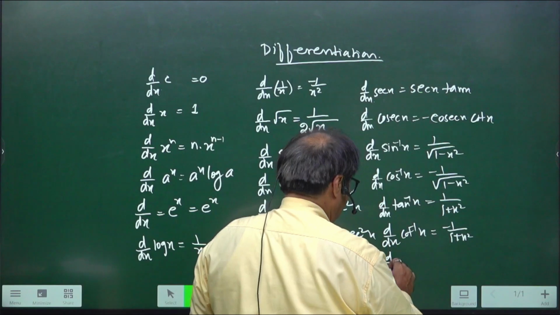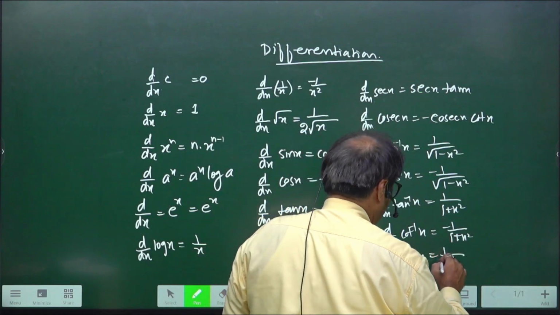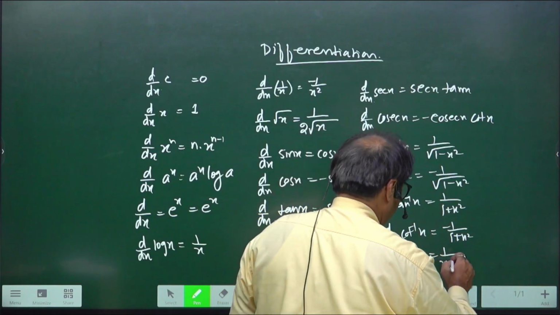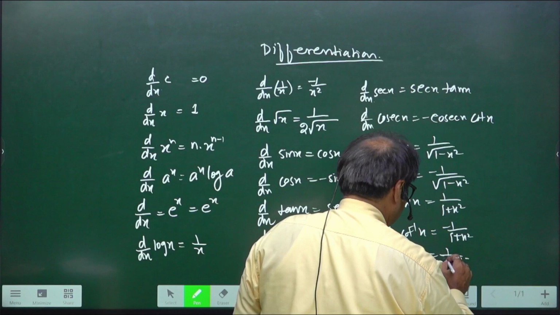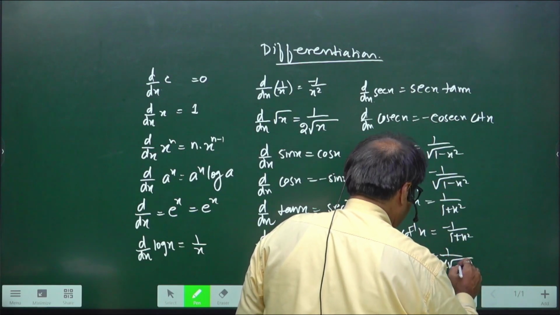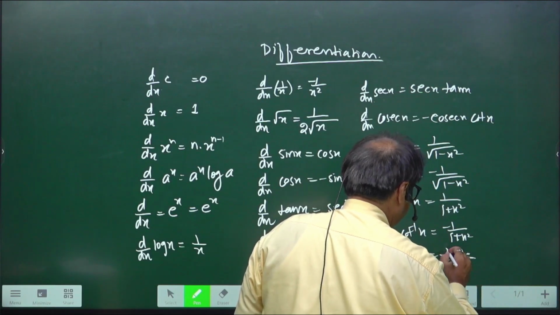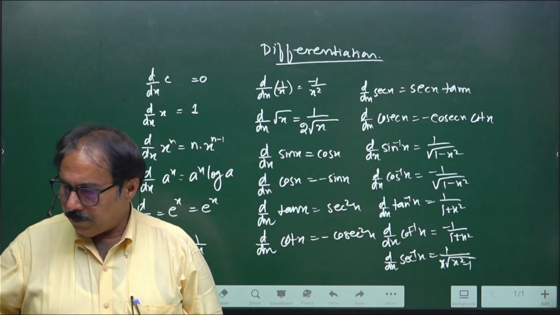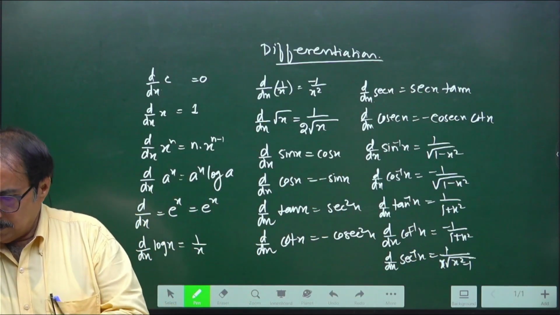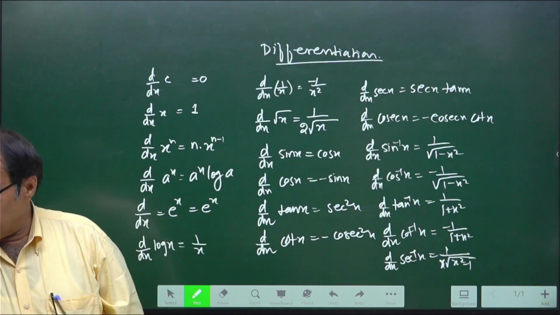And d by dx of sec inverse x is 1 upon x into root over x square minus 1.